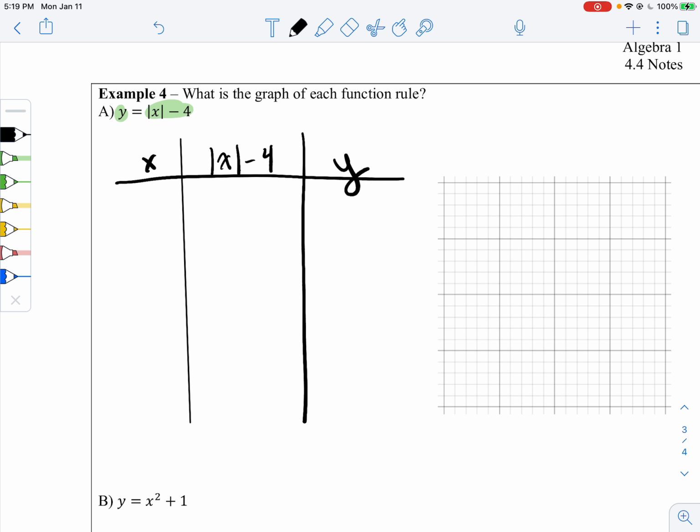And there you go. You got a magic table. Now again, pick some x values that are, some that are negative. Always pick 0 because it's easy. Pick some positives. So you can have -2, -1, 0, 1, 2, 3. If you want, those are my go-tos. You really don't need so many.